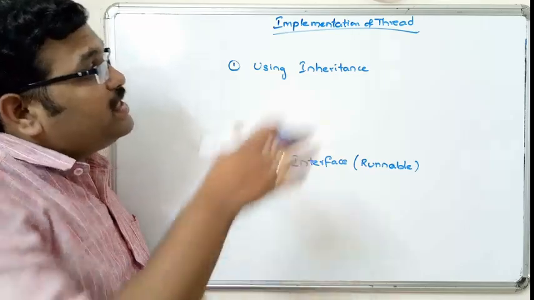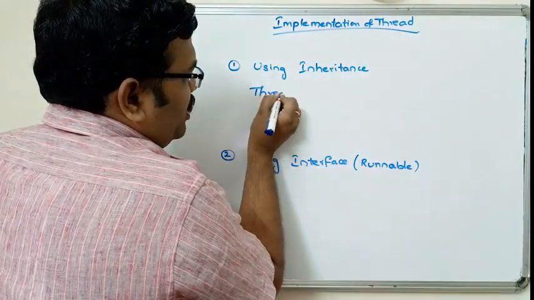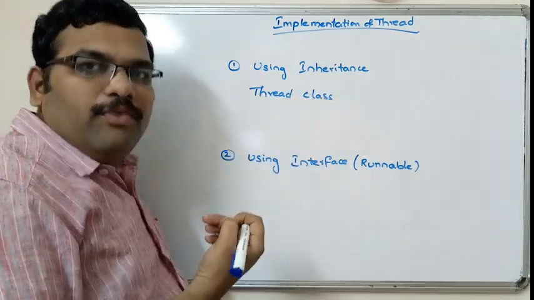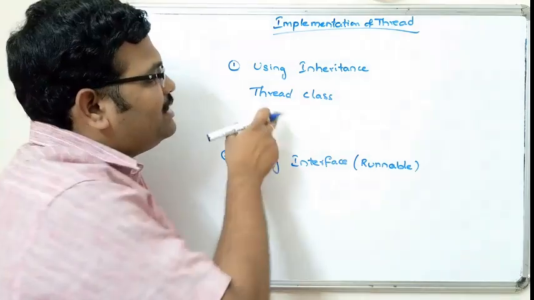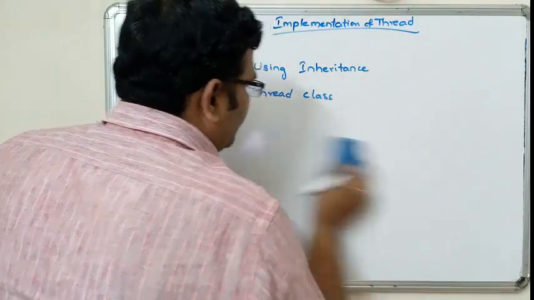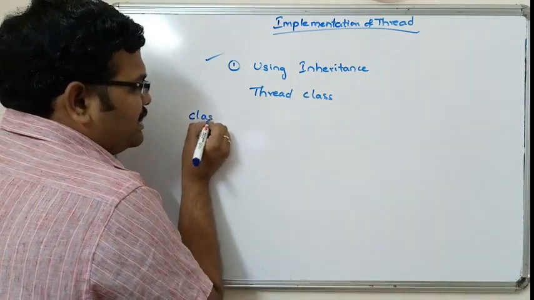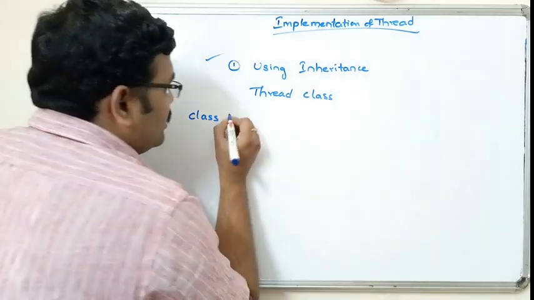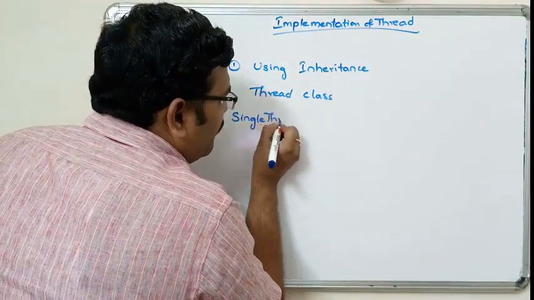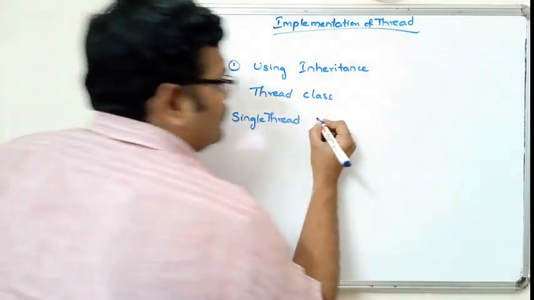That means there is a class called Thread class. Whatever program we are writing will extend this Thread class. So if you write any class, say class SingleThread, it should extend the Thread class.